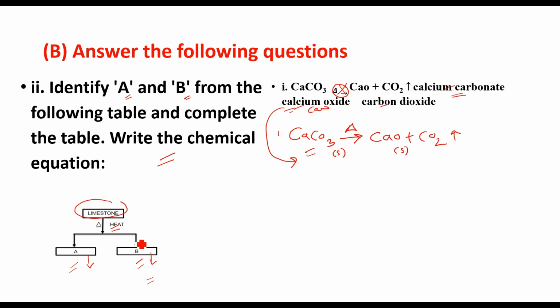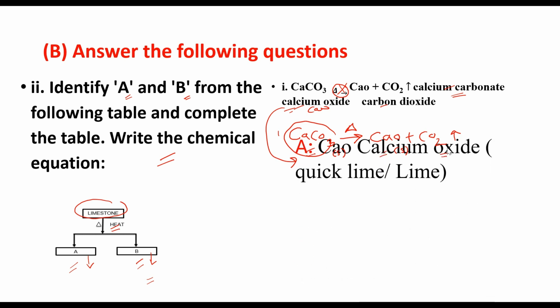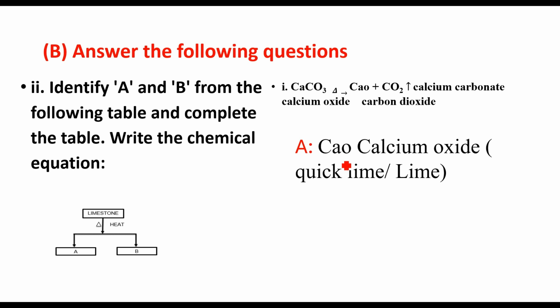Against this it says, what will be A and B. So when we heat calcium carbonate, we get calcium oxide and CO2. So against A, you will write calcium oxide. You can see here in the answer of this particular question, I write CaO, and I have also written the English name of that, that is the scientific name, calcium oxide, followed by the common name.